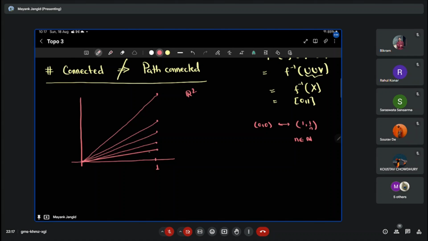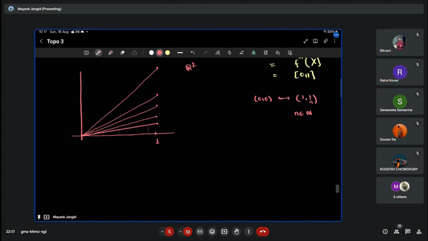So our set is this. If I call the line joining 0, 0 to 1, 1 by n, say Ln, so this is L1, this is L2, and so on.